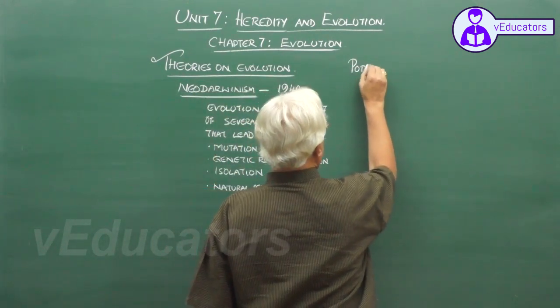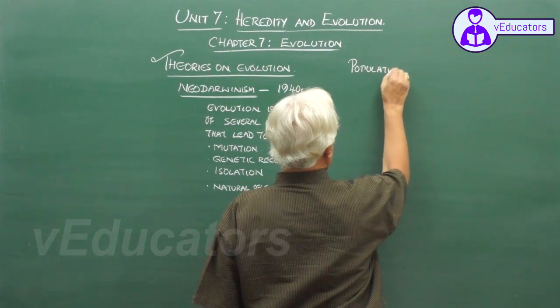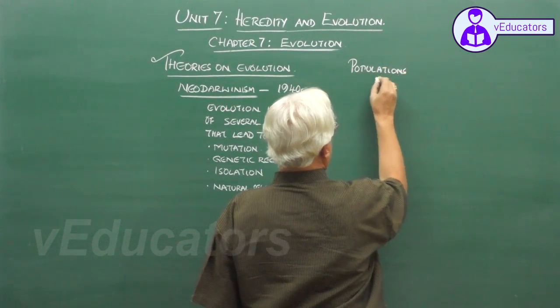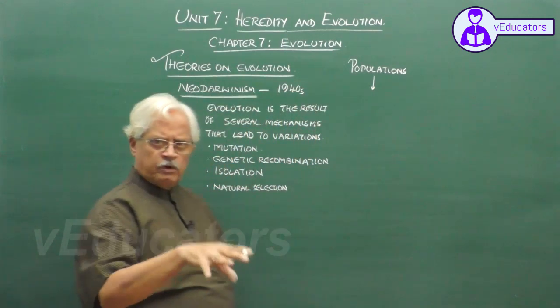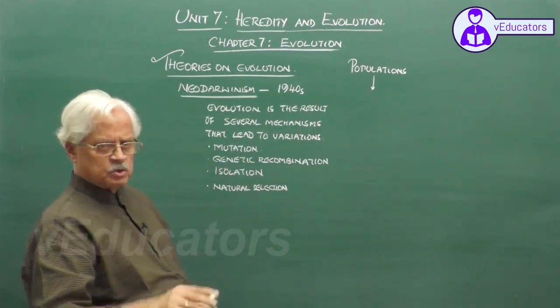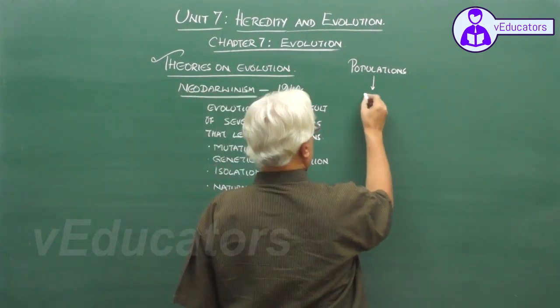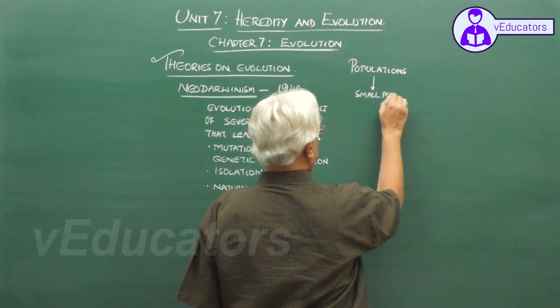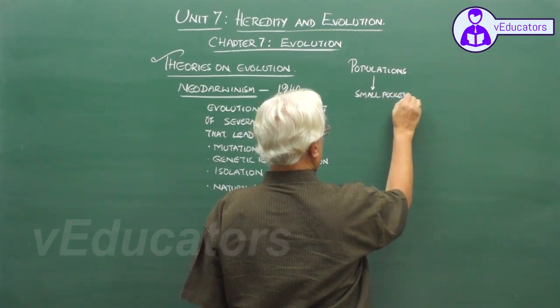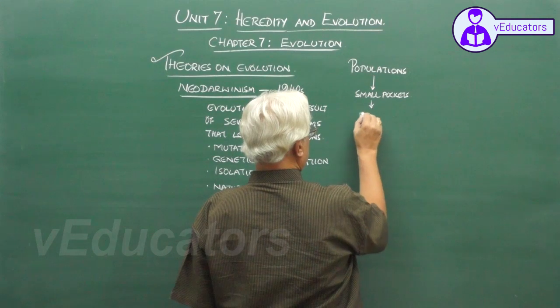Populations of individuals form small pockets of distribution, and these small pockets of distribution are called demes.